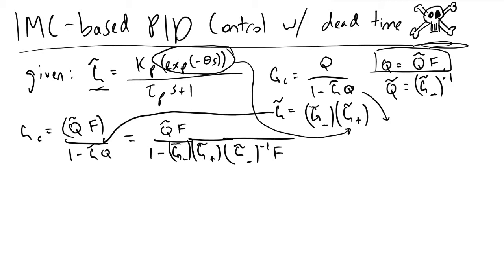And what we'll see here is that we can now cancel out, in the denominator of our standard controller feedback function, these G tilde minus terms.